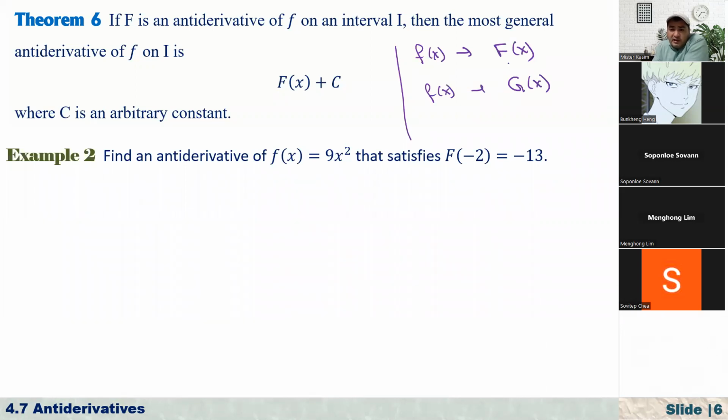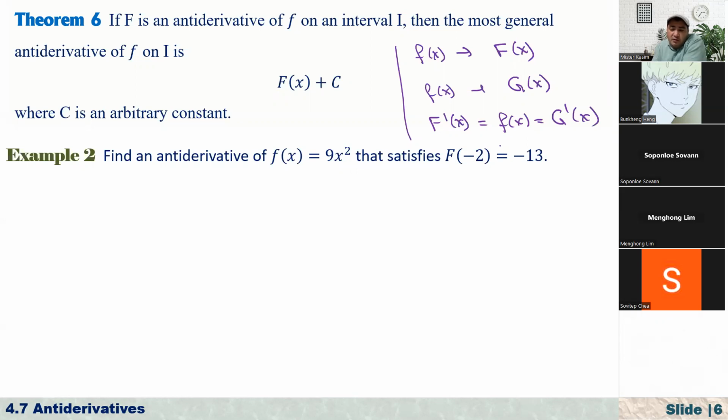By definition, for capital F and capital G to be antiderivatives of lowercase f, capital F prime of x must be equal to f of x, and at the same time G prime of x must also be equal to f of x.